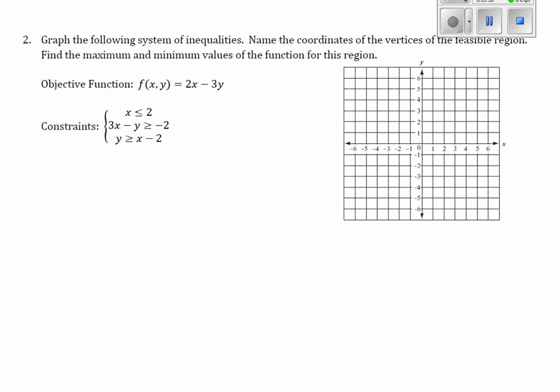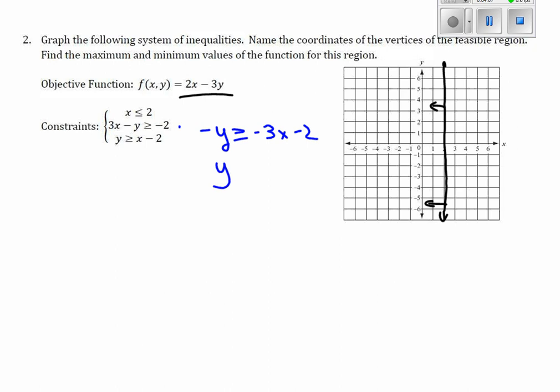So let's take a look at this one. The objective function is 2x minus 3y. My constraints are x less than or equal to 2. So x less than or equal to 2 is here. That's going to shade this way. The second one, which will be in blue: if I do this, that's negative y greater than or equal to negative 3x minus 2.